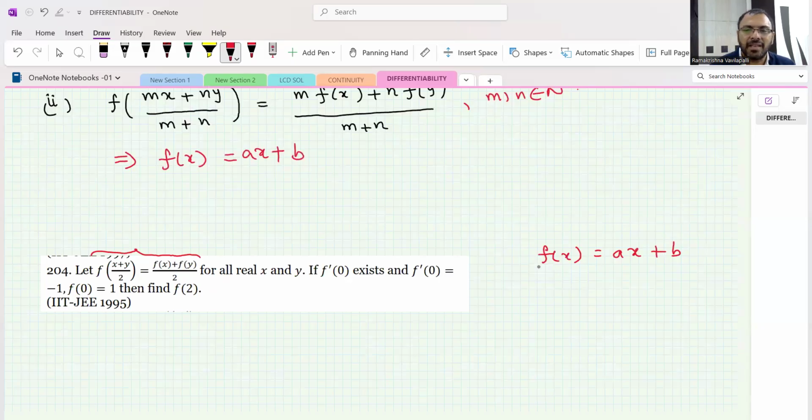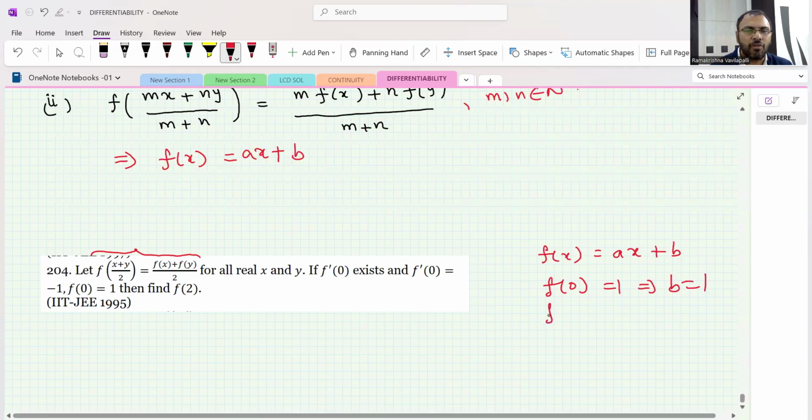Then they have given f of 0 is equal to 1, so b equals 1. And f dash of 0 is a, which they have given as minus 1. Hence, we got the function immediately: minus x plus 1. Whatever they ask, you can find that f of 2 is equal to minus 1.